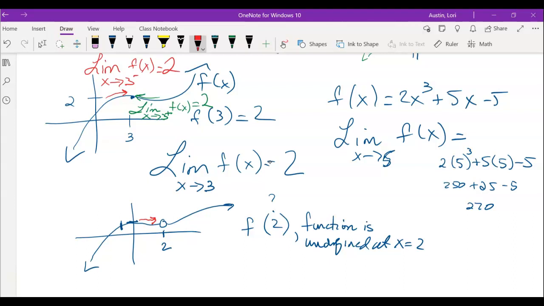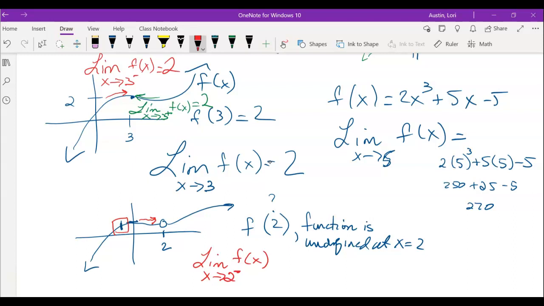I want to know what's happening as I approach from the left and approach from the right. In other words, as I take the limit as x approaches 2 from the left, I'm getting really close to what value?